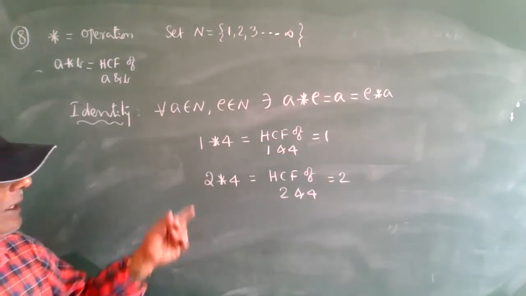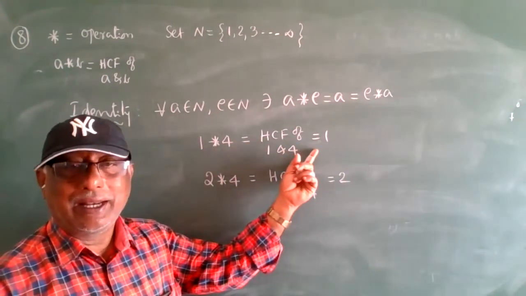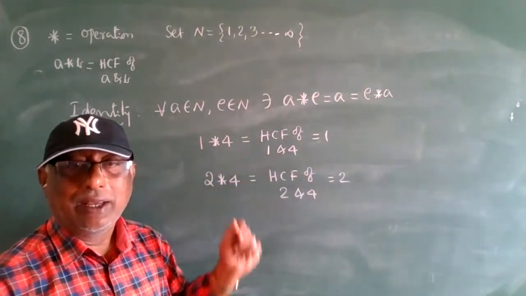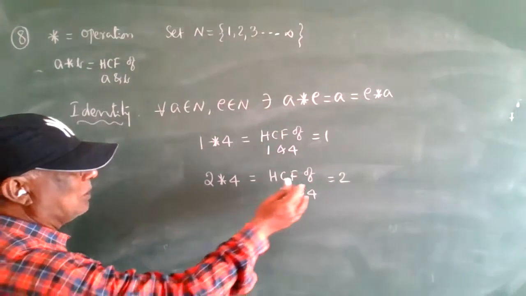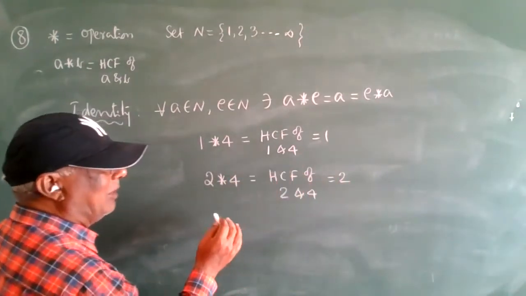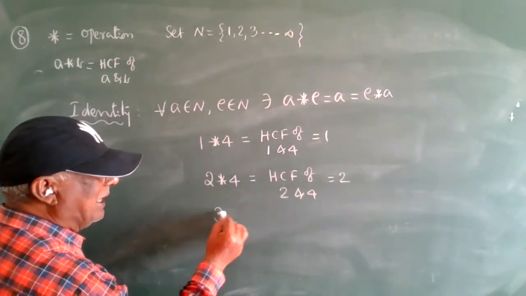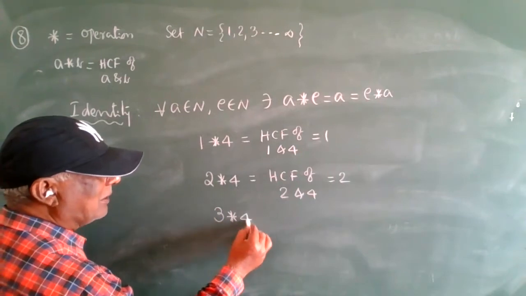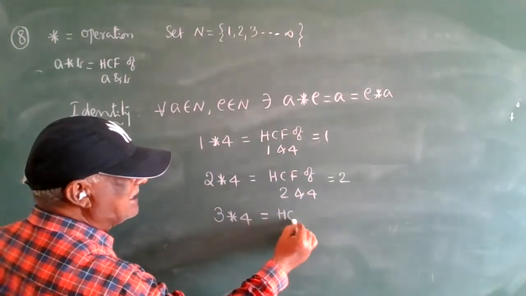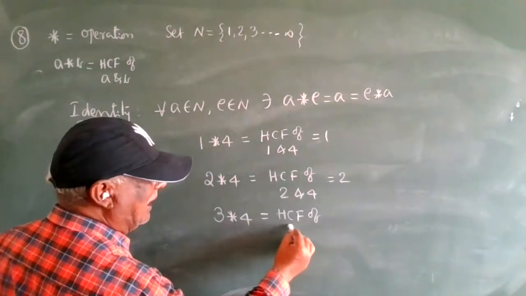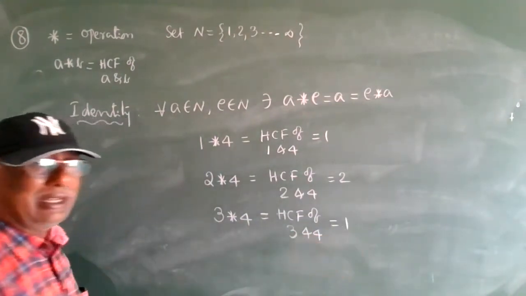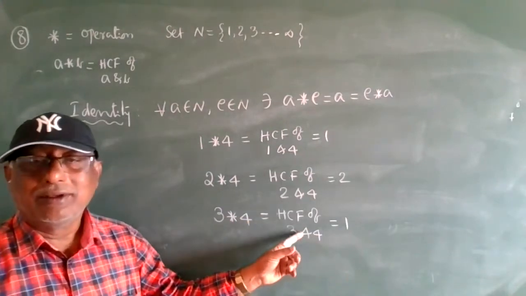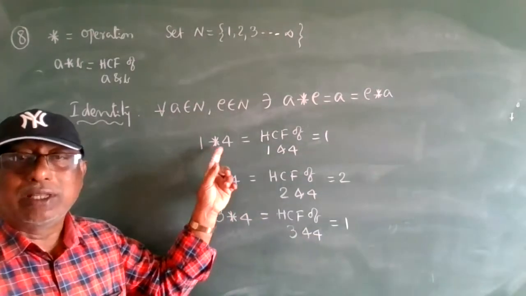Here, if 4 is the identity element, we get the same A. Next we can see, to get the same element A only 4 is the identity. 3 star 4 is equal to HCF of 3 and 4, which is equal to 1. Not getting 3.